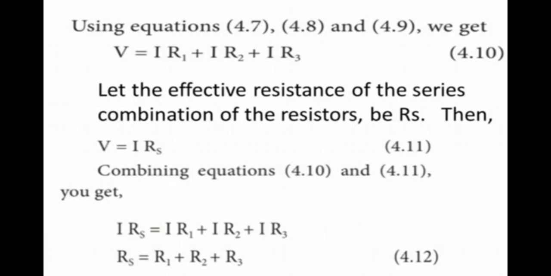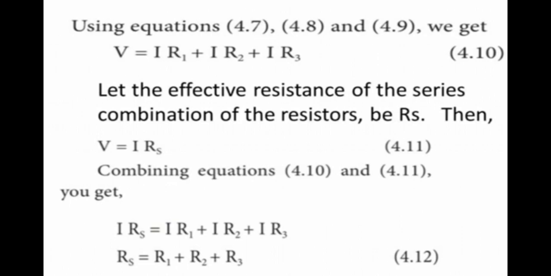This is equation 4.10. The effective resistance in a series combination is the single resistance which can replace the resistors so as to allow the same current through the electric circuit. Let the effective resistance of a series combination of the resistors be Rs. Then we get V is equal to I Rs.